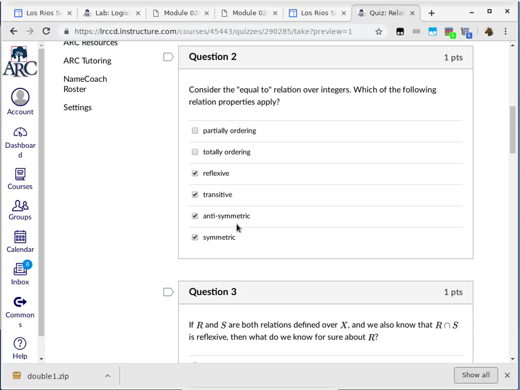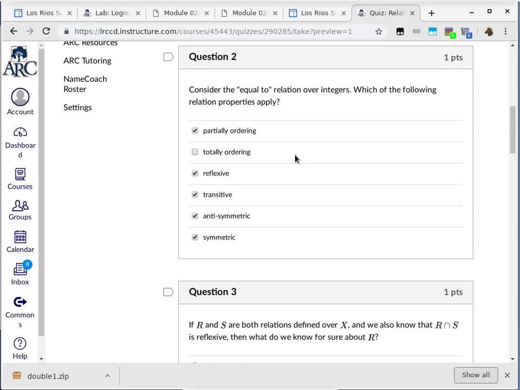So because it is reflexive, transitive, and also anti-symmetric, it is partially ordered by definition. Now, if it's partially ordered, it has a chance of being totally ordered, but being totally ordered means if you pick any two integers out of the set of all integers, they have to relate using the equality.